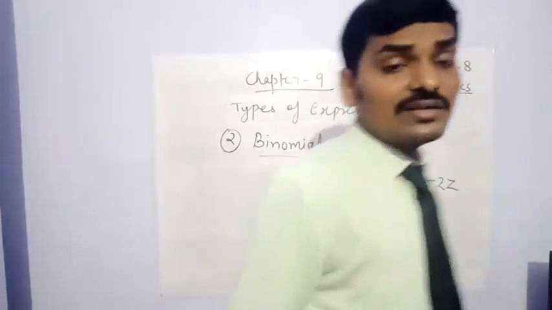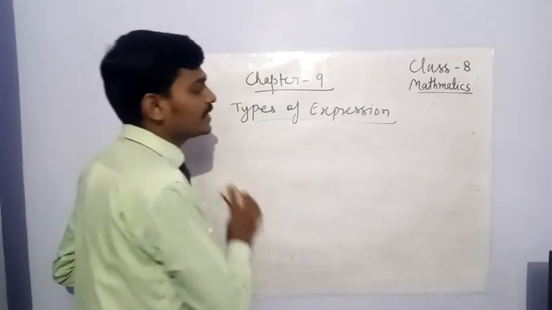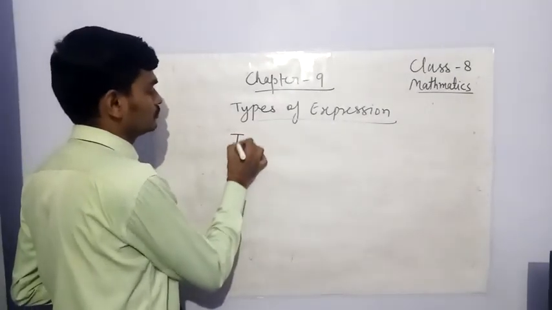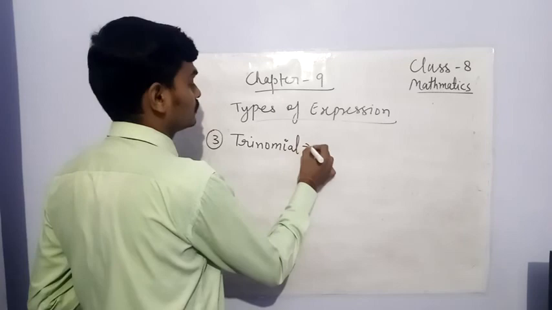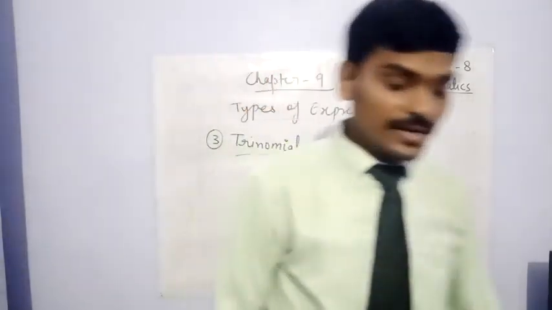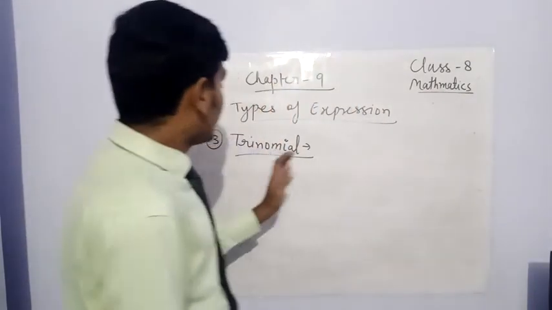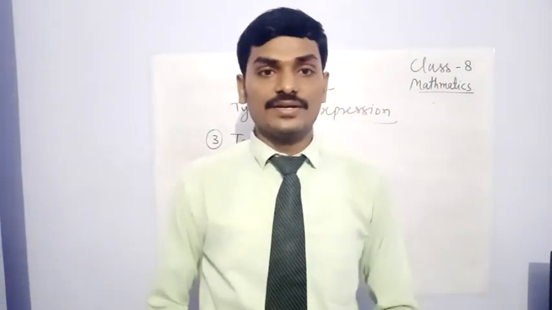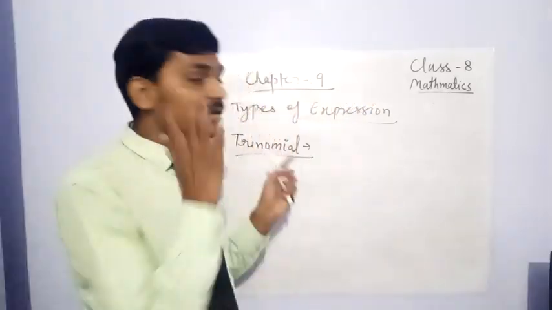Now come to the trinomial. Third one is trinomial. What is a trinomial? In any expression, if three terms are present, then we can say that this is a trinomial.